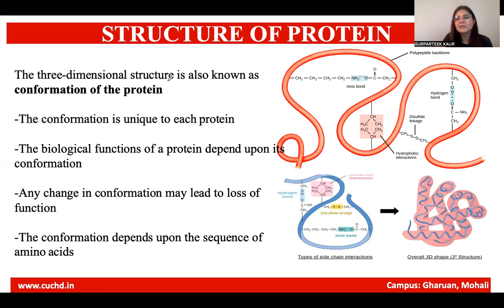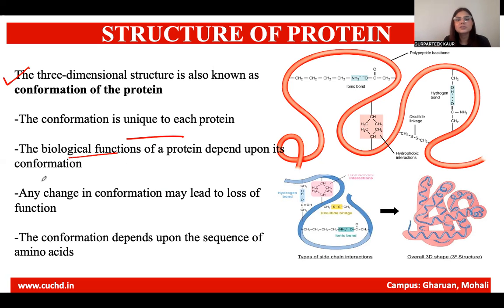If an enzyme has to carry out its function, it has to be in its three-dimensional conformation. Only then will it act and exhibit its function. The three-dimensional structure, also known as the conformation of the protein, is unique to each protein. So every protein will have a unique three-dimensional conformation.